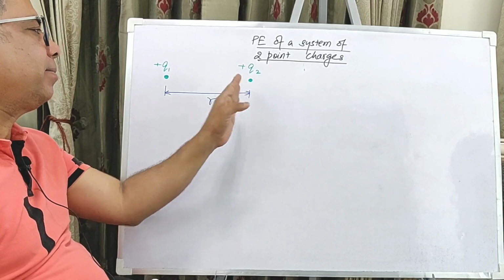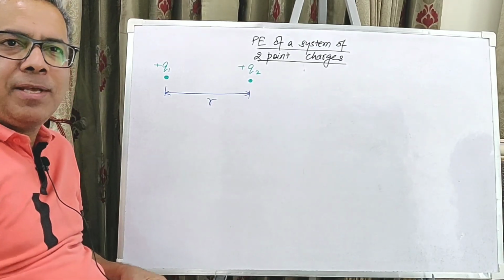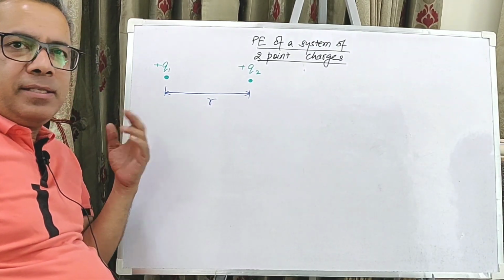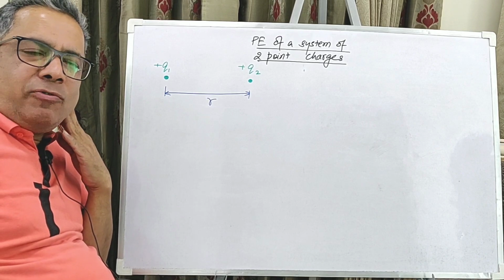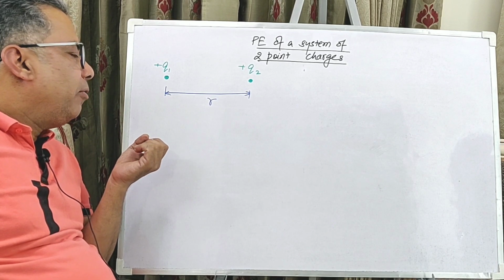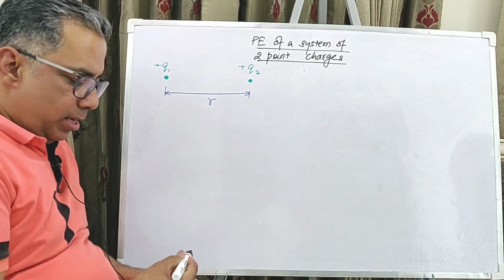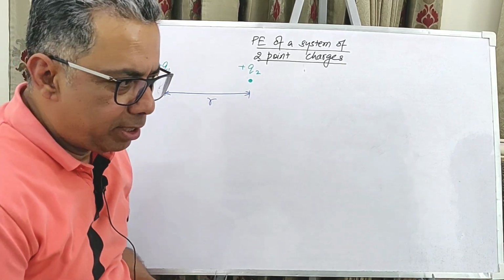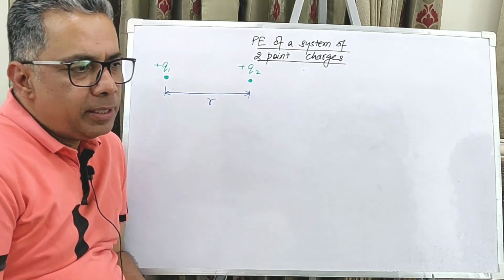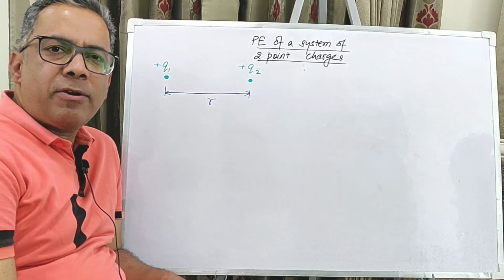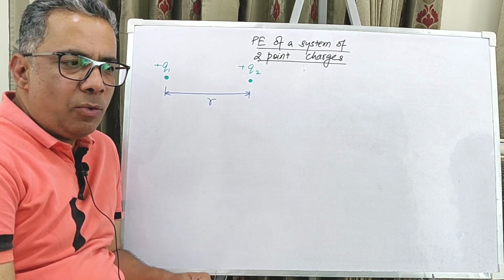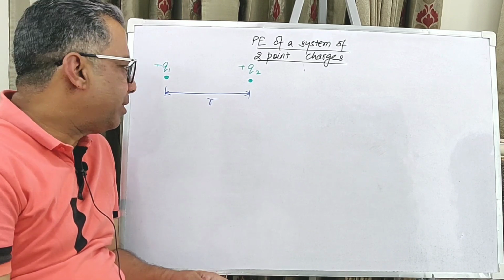Now to calculate potential energy of this system in this condition, we'll need to have a reference level. I'm sure you remember from your earlier classes that potential energy cannot be calculated without having a reference level.